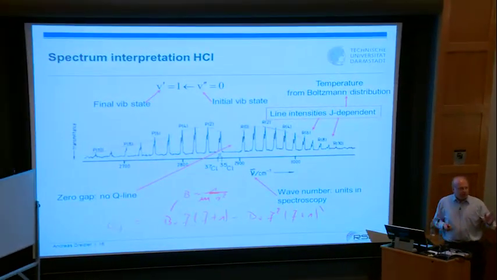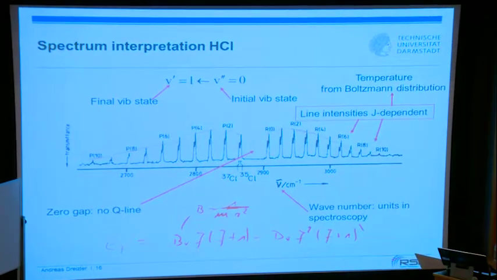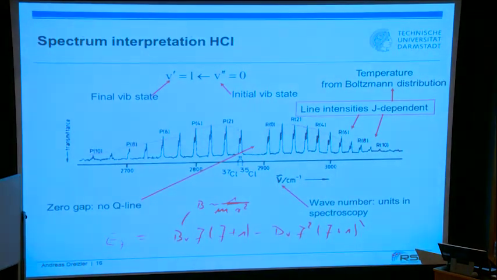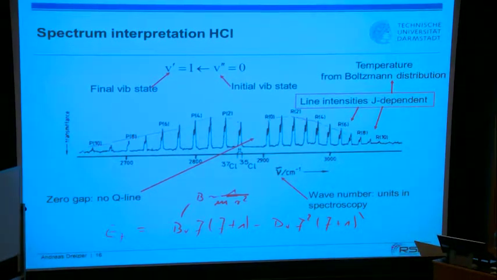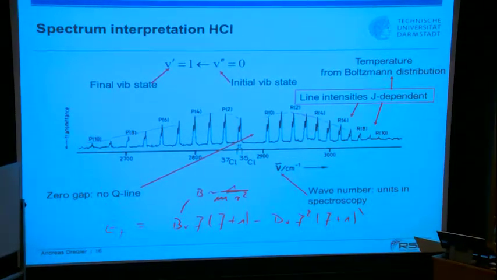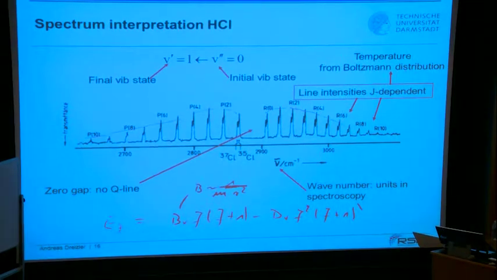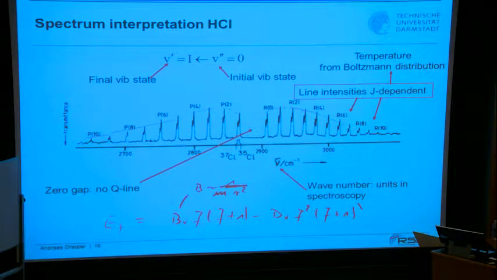And so what you do, there are different options. Maybe you're well equipped and you have a great wave meter with which you know exactly where you are. That is very unlikely because you need a very accurate system with a sub-wave number resolution. The higher probability is that you just have a laser and then you tune over it and then you go to your database and try to fit the theoretical spectrum to your measured spectrum.